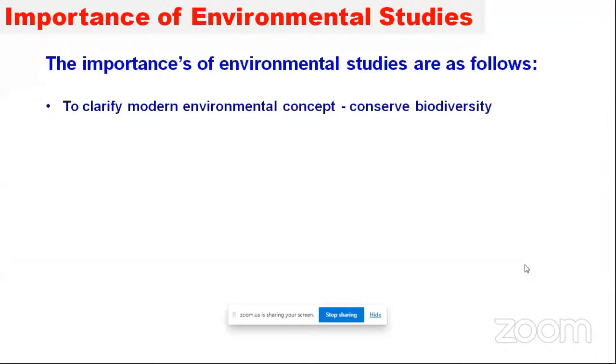Now in a given piece of land, there will always be a biodiversity. Biodiversity means what? Diverse organisms coexisting. For example, in Bangalore, we are all living, we have houses, human beings are living, plants are living, animals are living. If you take the entire Bangalore district, there is a biodiversity. If you take a piece of 1 square foot by 1 square foot land, you will have a biodiversity.